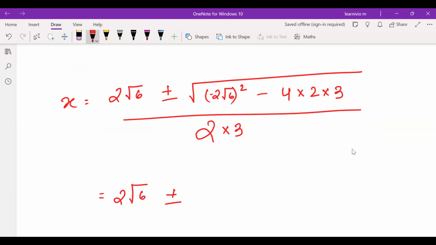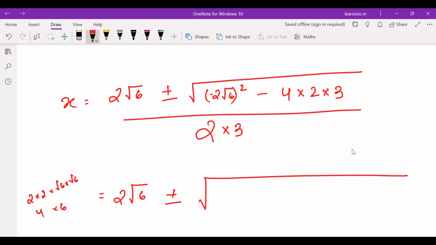2 root 6 plus minus, let's simplify the bracket term. 2 root 6 whole square: 2 into 2 is 4, and root 6 into root 6 is only 6. So it is 24, right?